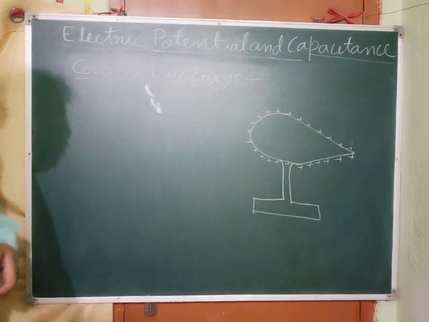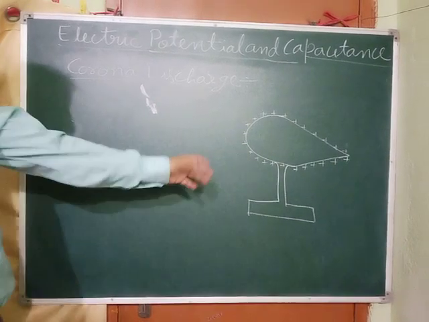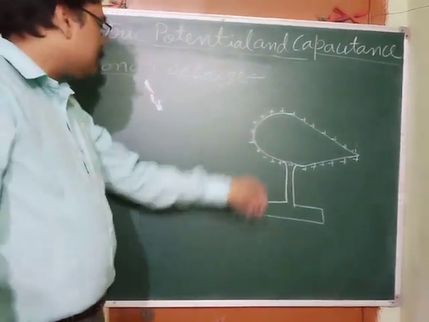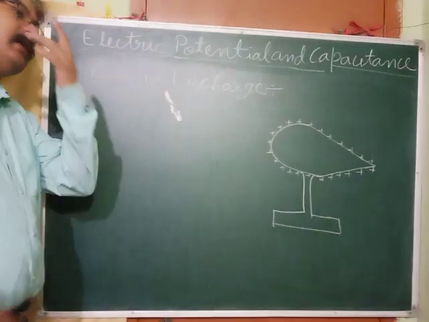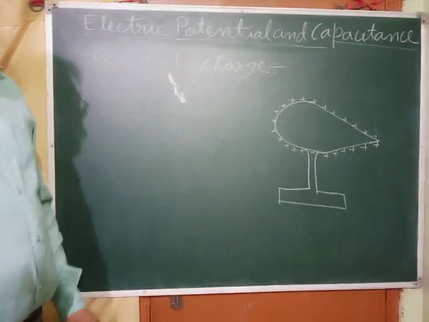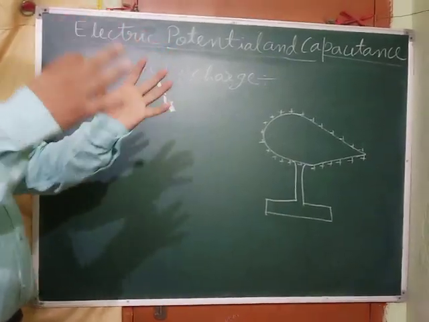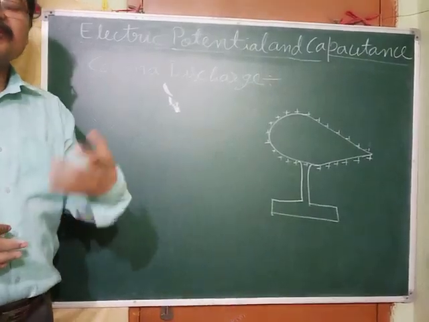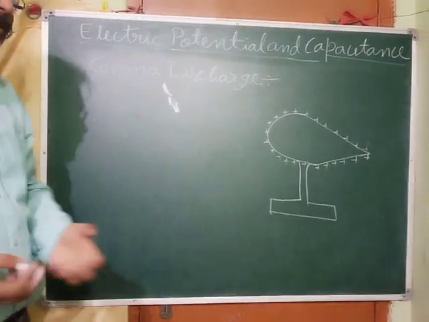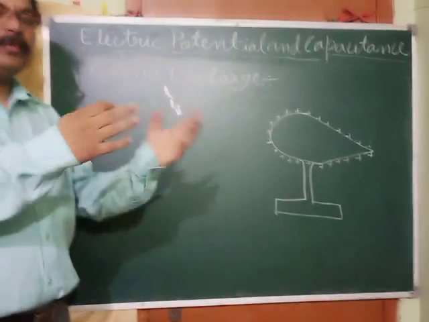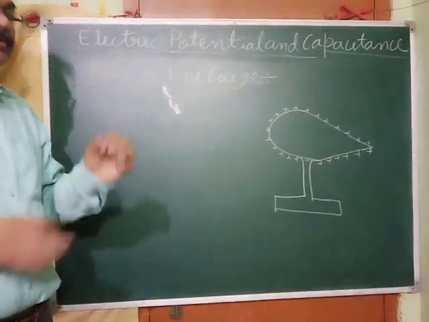Now what is this? Let me explain with the help of this diagram. Suppose you are going to give charge to a conducting body, then we know the charges repel each other. Obviously we are giving one type of charge, either positive or negative. If it is positive, then on the whole body it is positive charge only, so they will repel each other.